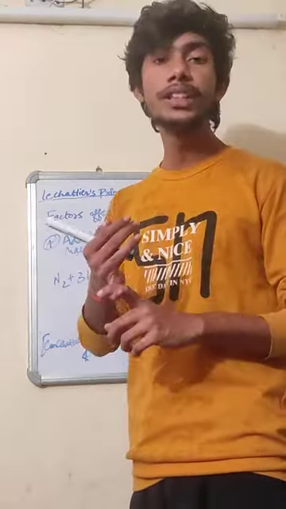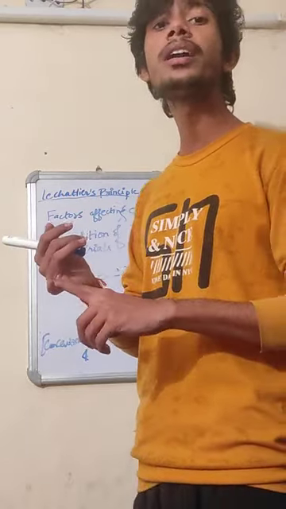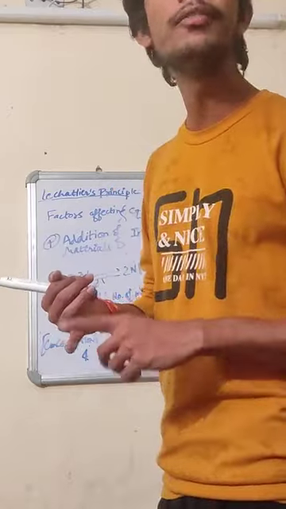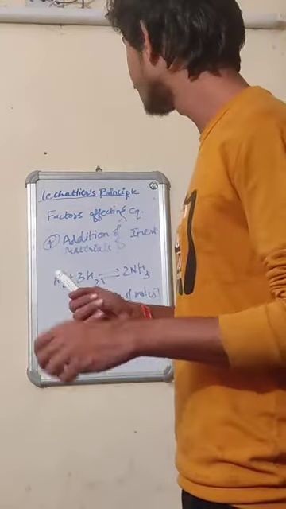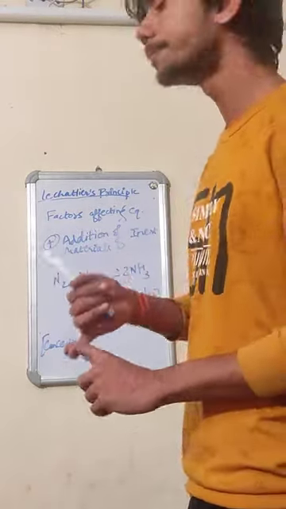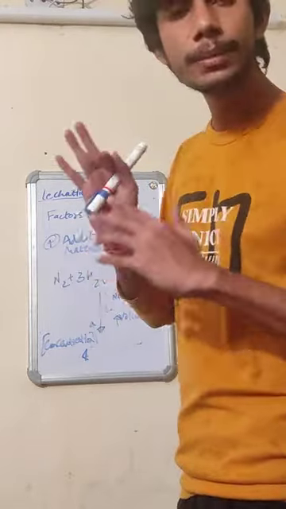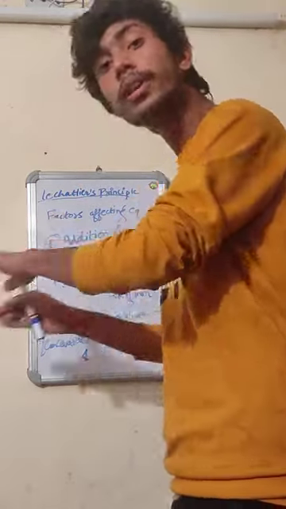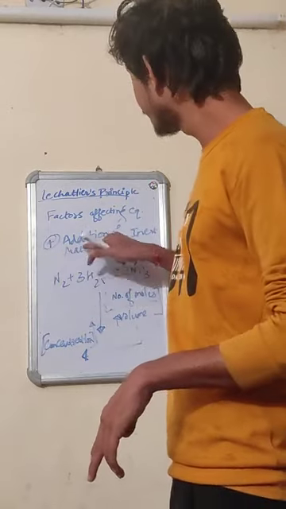In case of change in pressure, whenever there is an increase in pressure, the reaction will move where the number of moles is less, and vice versa whenever there is a decrease in pressure. Third one is change in temperature. As I have told you, from wherever the reaction seems endothermic, the reaction will move in that direction.